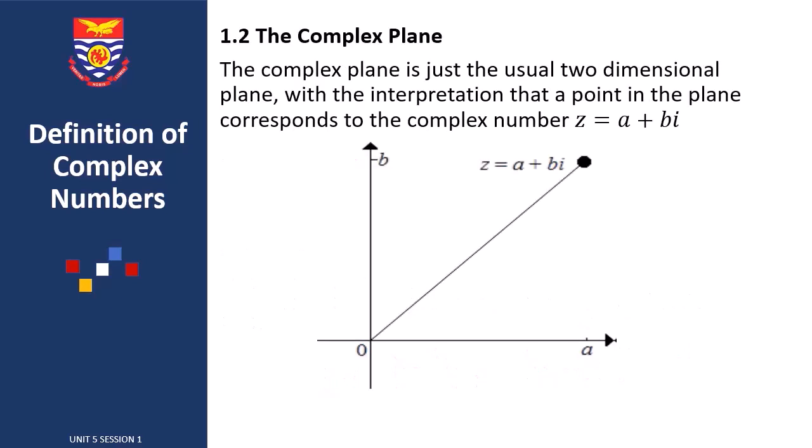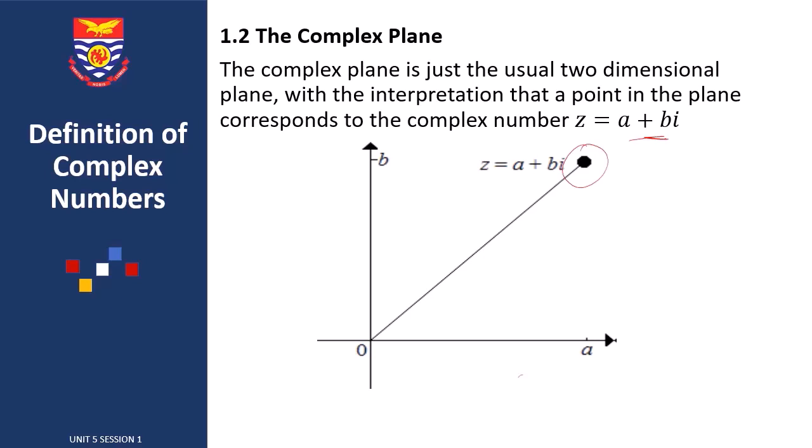The complex plane is just the usual two-dimensional plane with the interpretation that a point in the plane corresponds to the complex number z equals a plus bi, and that is it. So here the horizontal axis of the complex plane corresponds to the set of real numbers.